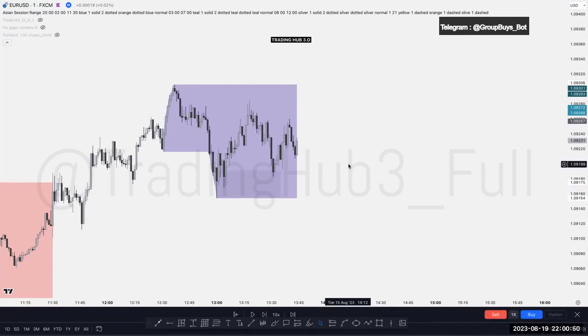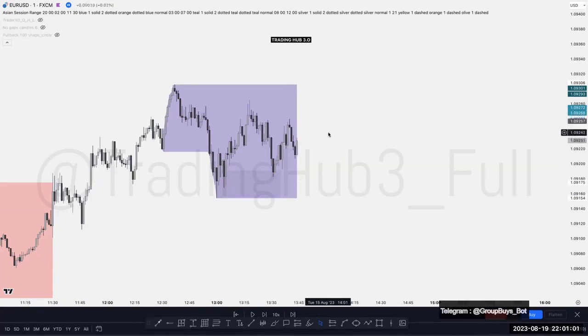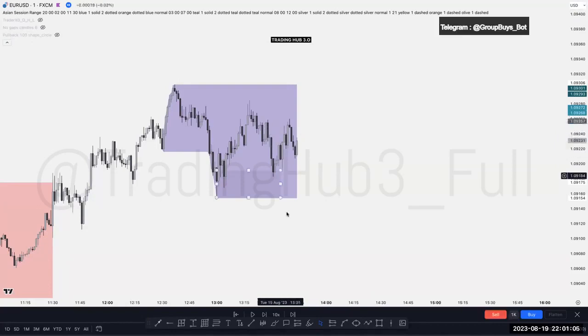So in this case, simply we can take entry based on a liquidity sweep or structure. So right now you have to wait for it to break the previous high or low, then we can enter here. So this one is our first high, it is broken, that's called chalk.